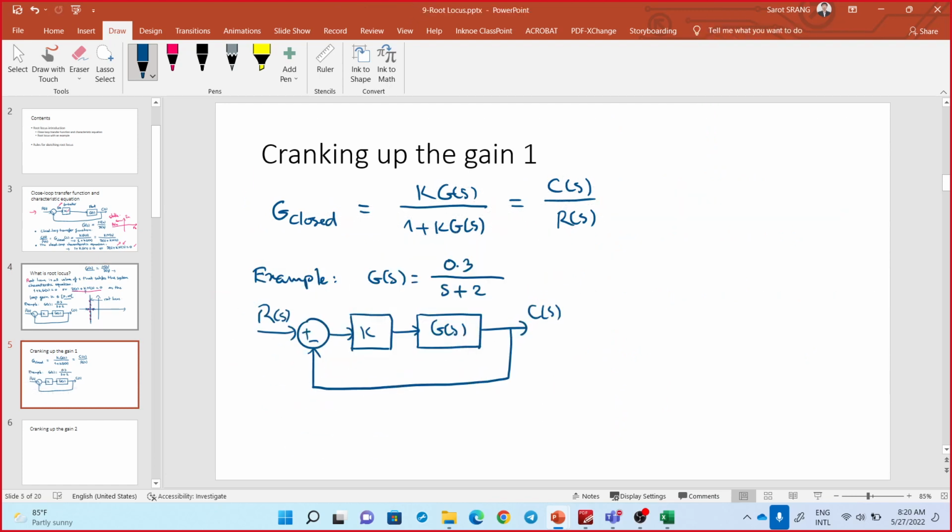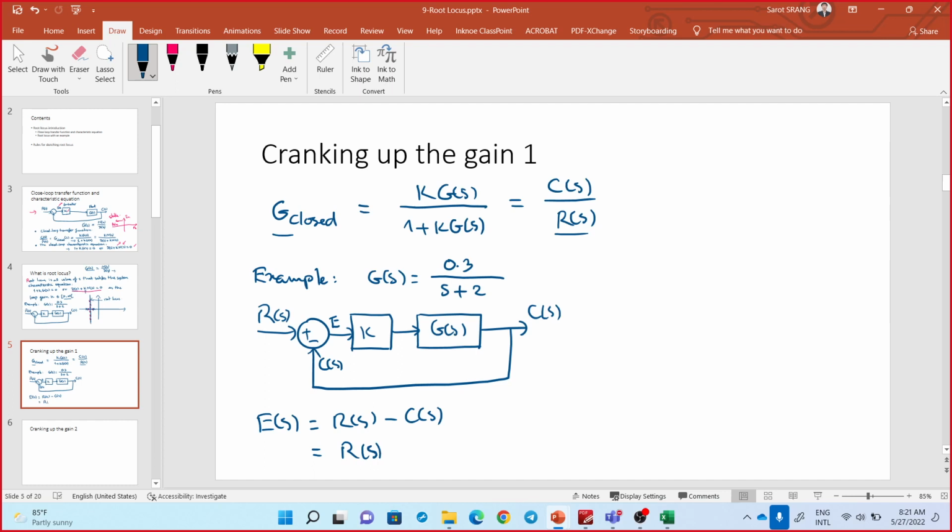So for the error, the error E of s equal to R of s minus C of s, and C of s is actually G close times R of s, right?